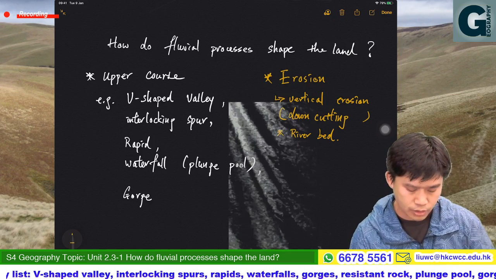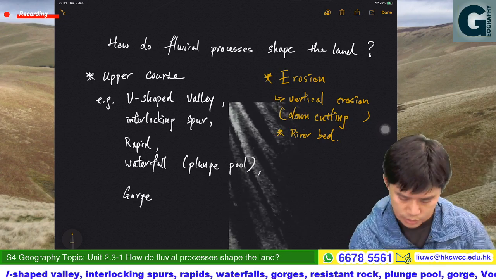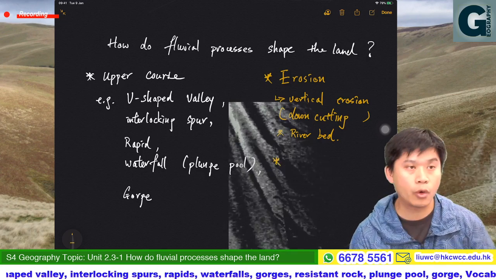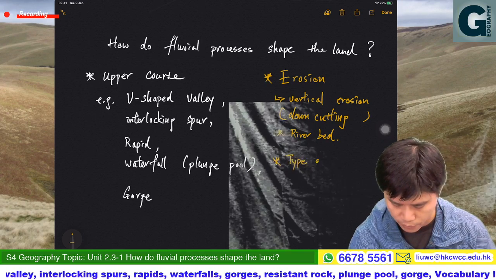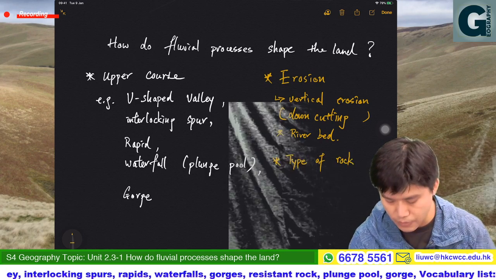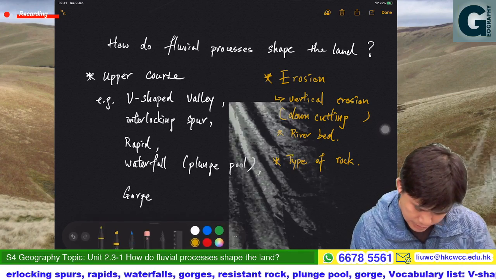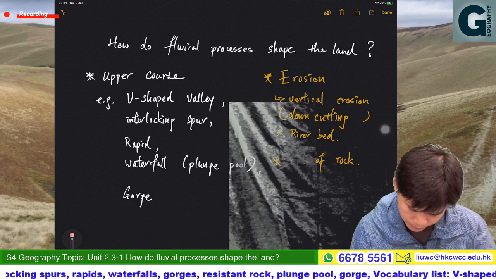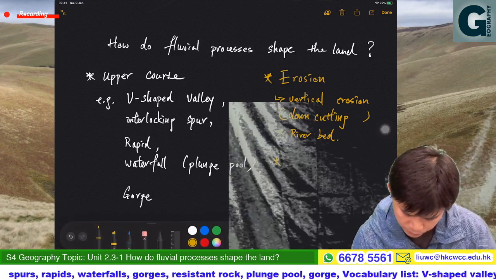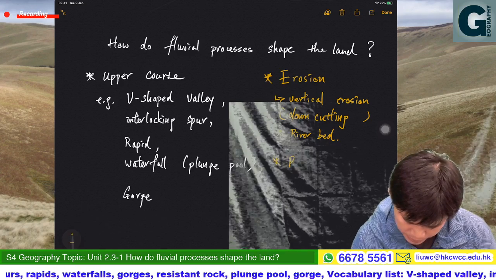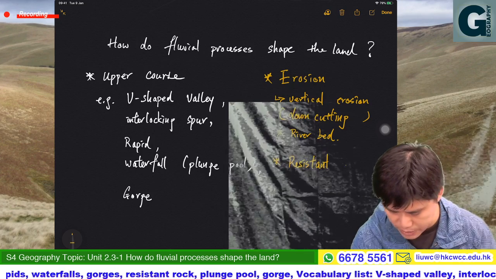That is the fluvial process, together with the geology, the rock, that may lead to the formation of rapids, waterfalls and also gorges. We must also talk about the type of rock, but of course not exactly the type. We must focus more on the resistance of the rock.